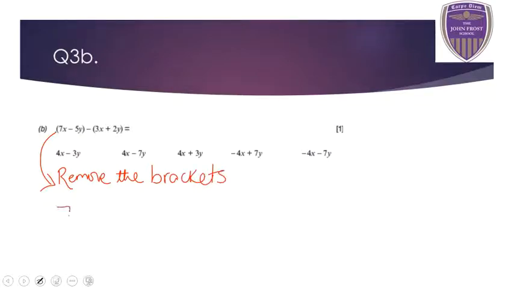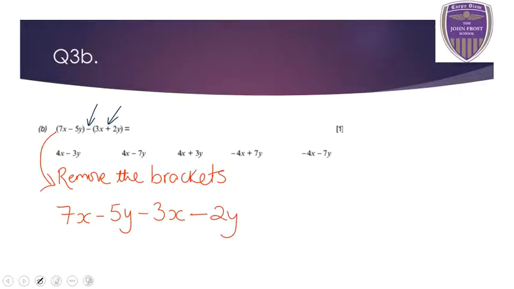Okay, so you'll have the 7x minus 5y minus 3x. But this is where you've got to be careful, because the minus there and the positive there will give you minus 2y. Okay, then we've got to simplify.